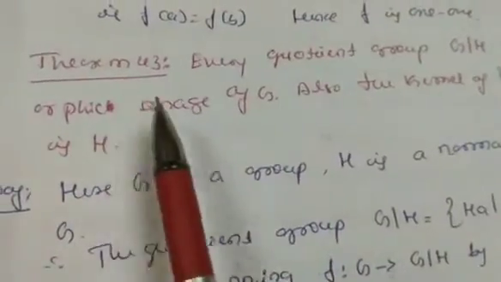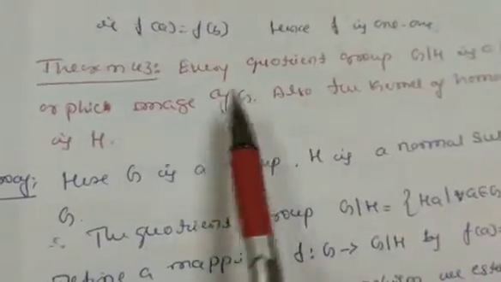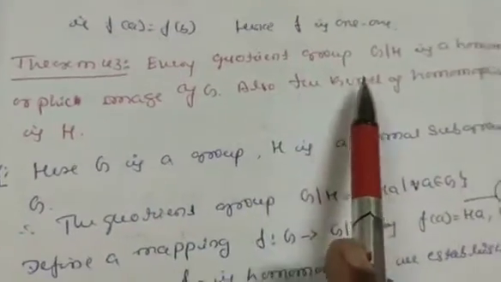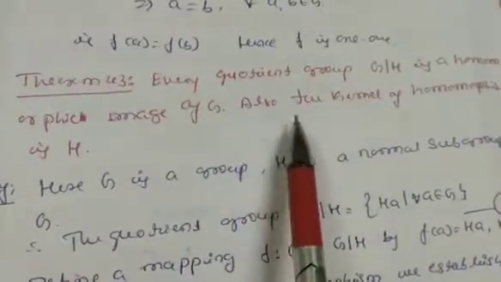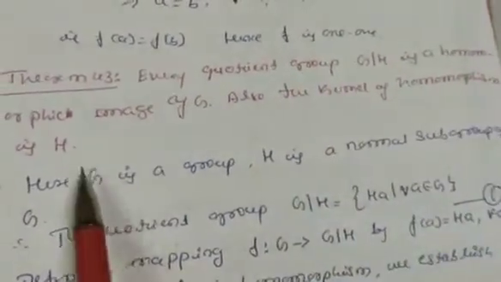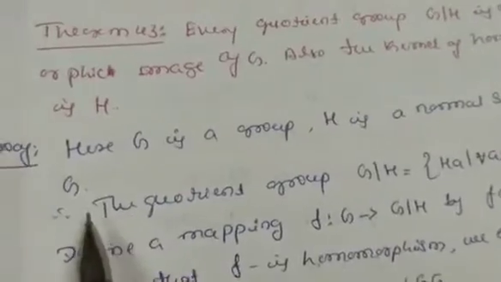So next, take theorem number 43. The statement is: every quotient group G/H is a homomorphic image of G, and also the kernel of the homomorphism is H. So take the proof.